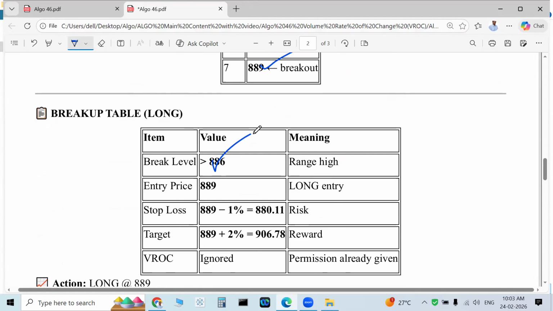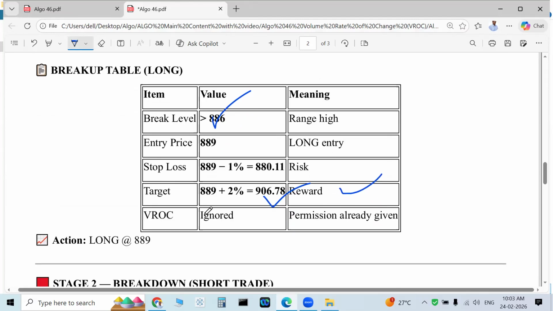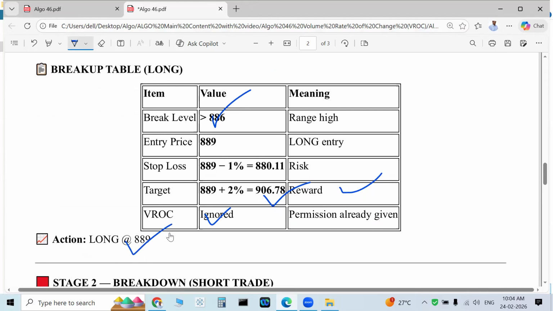So 1% is the stop loss, so 880 is the risk, and 2% is the target. So 889 plus 2% is the target, that is 906, which is the reward. And the VROC is already taken into consideration because we enter the trade only when the VROC threshold is confirmed. So we got the long at 889.